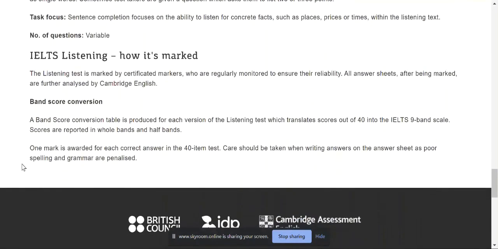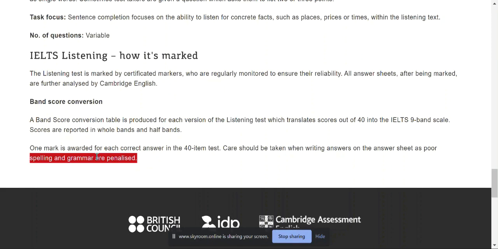But remember, you have to check the spelling and grammar. There is time for checking the grammar and spelling, but if you write something incorrectly in terms of grammar or spelling, you will get 0.